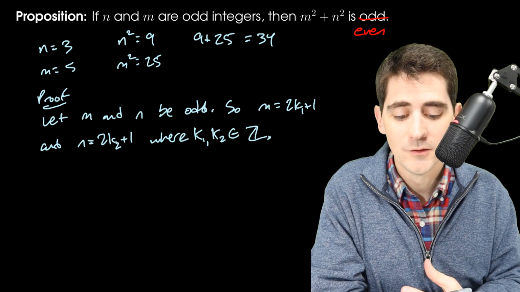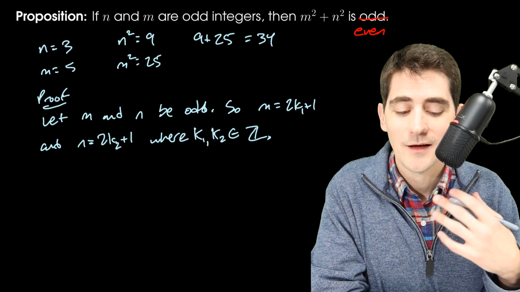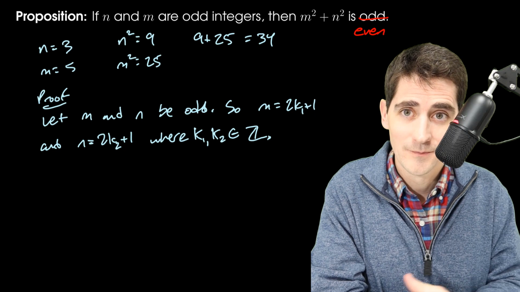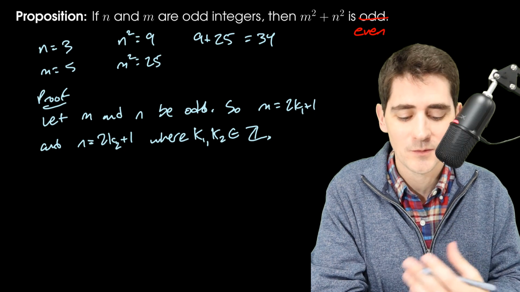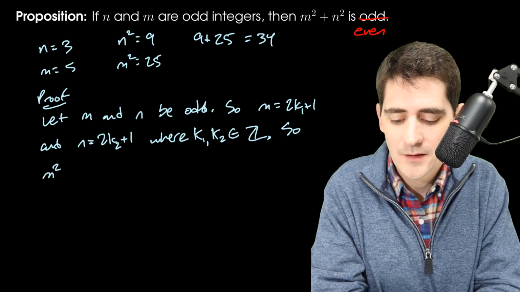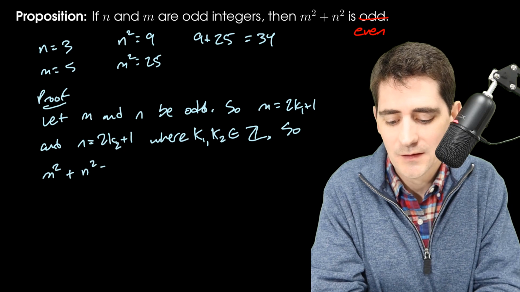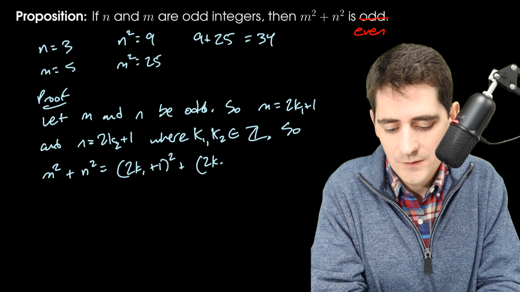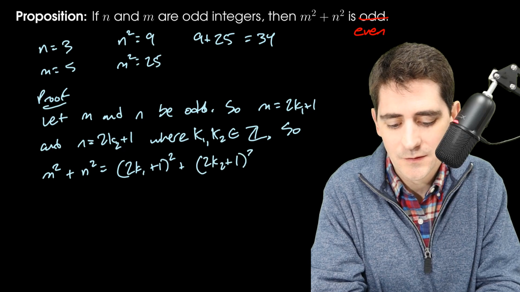Okay, now what I need to do is square them each, add it up, and see if that result is even or not. I hope it is, I believe it is, but let's see. So m squared, I'll go ahead and add m squared plus n squared. That's going to be (2k1 plus 1) squared plus (2k sub 2 plus 1) squared.